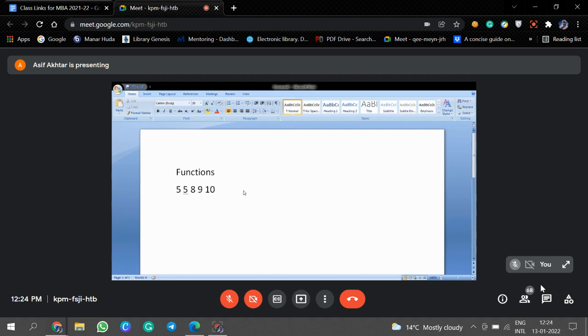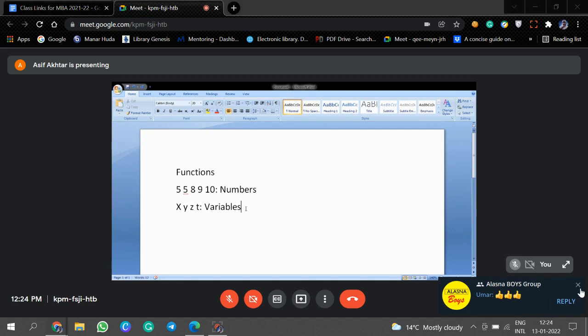And then we put letters like X, like Y, like Z, like T. These are the numbers. And this representation, X, Y, Z, and T, what do we call them in our language? We call them variables. So the first term that you come across is this, which we call variable.